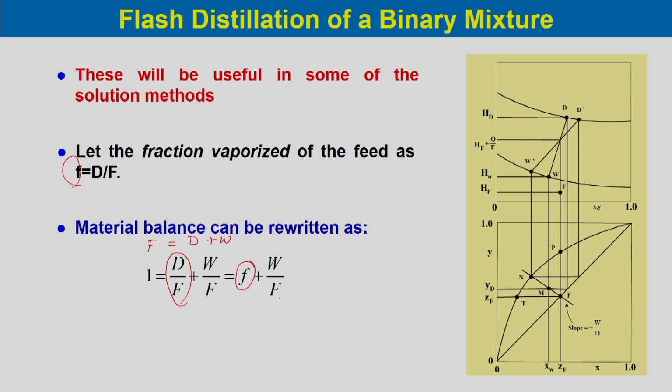Rearranging, W by F would be equal to 1 minus f. This is equation 8.